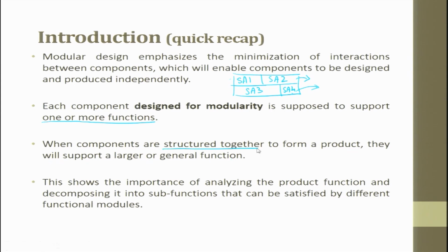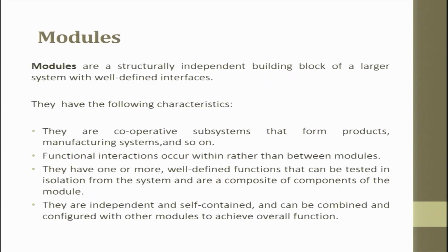This shows the importance of analyzing the product function and decomposing it into sub functions that can be satisfied by different functional modules. Modules are structurally independent building block for a large system with well defined interfaces.